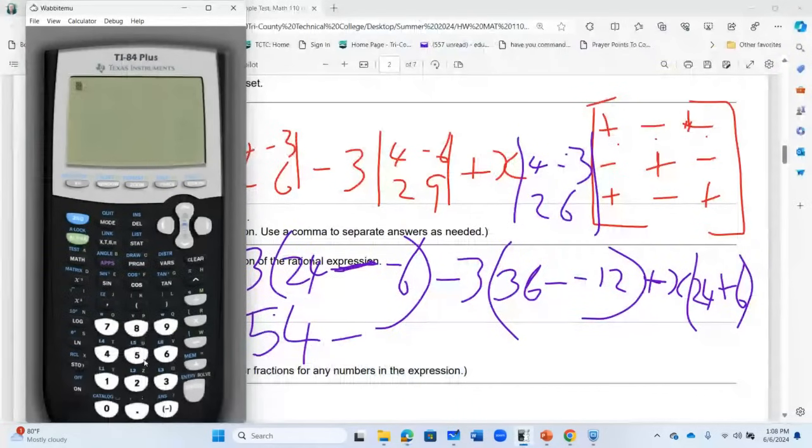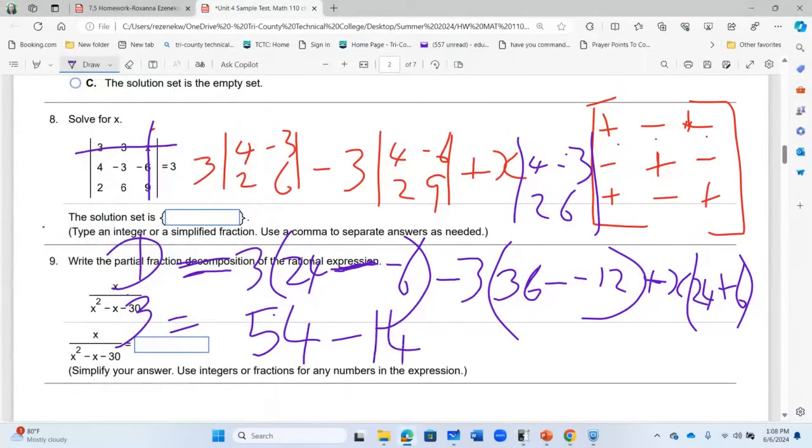What is 3 times 48? And I get an answer. That's 144. So I put 144 here. And the plus x. 24 plus 6 is 30. So I have 30x.